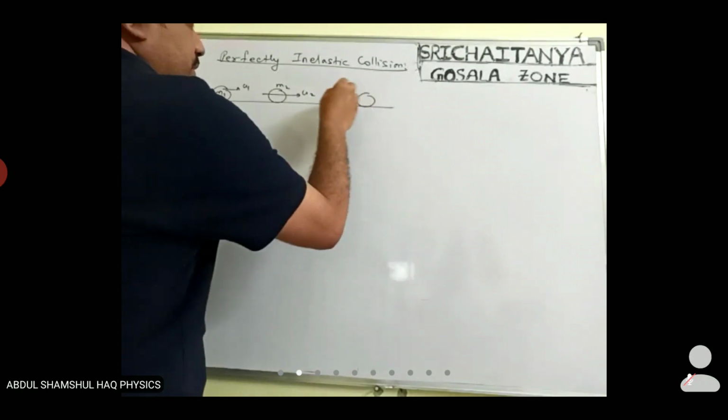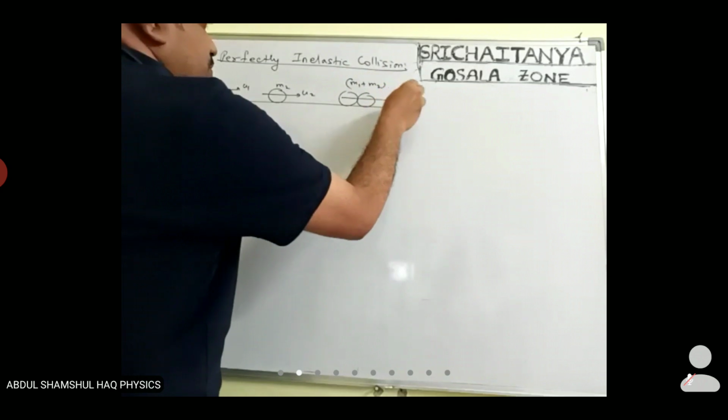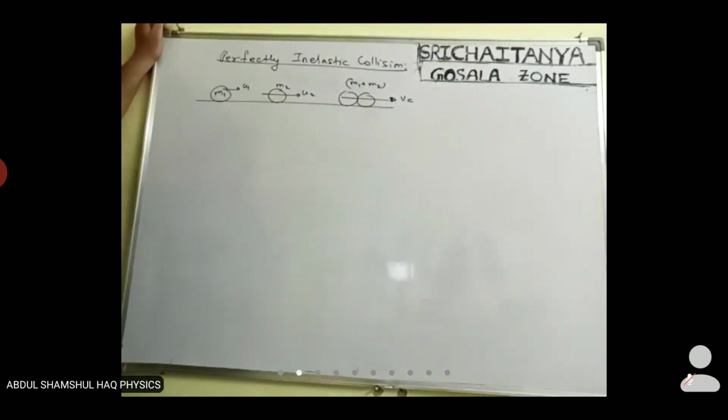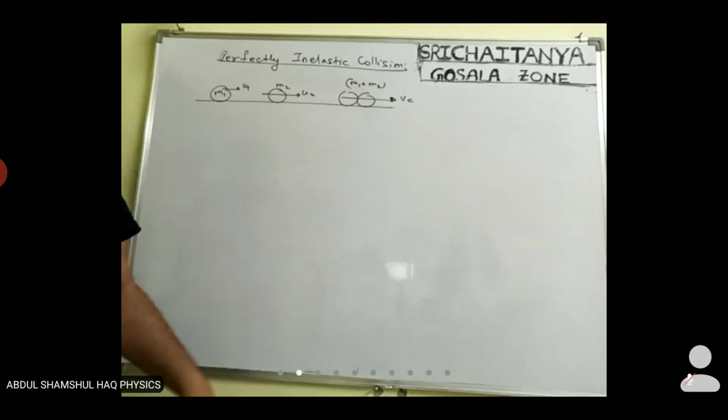After colliding, both the bodies M1 plus M2 move with a common velocity Vc. The total mass M1 plus M2 is moving with a common velocity.